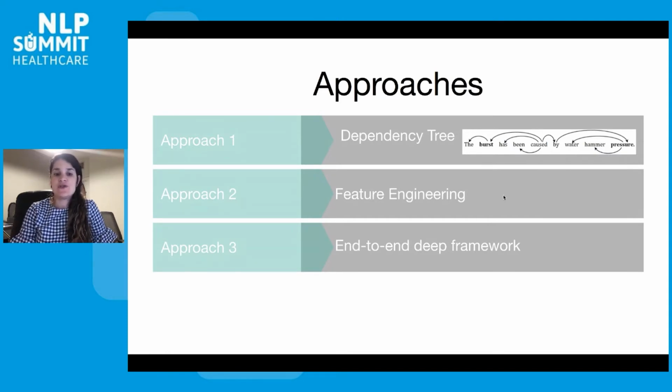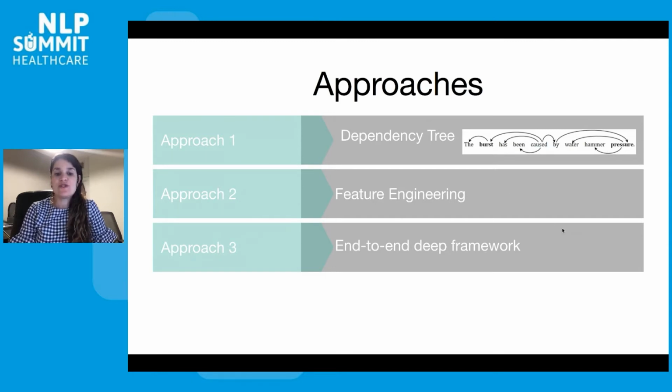Another approach is to use feature engineering to get statistical measures of the words in the text, for example, the frequency of the words, the co-occurrence of two words in the text, PMI measures, and to use a model to find, using these features, if the two words are related or not.